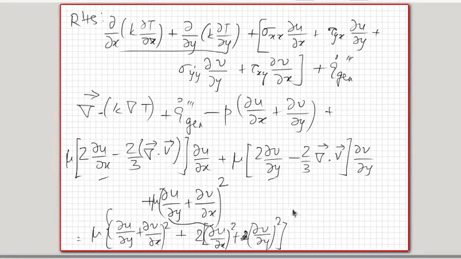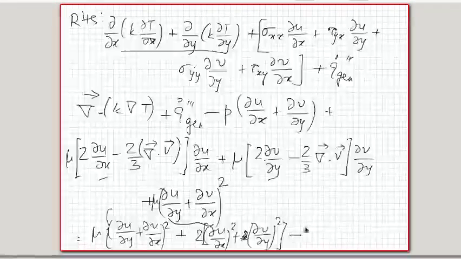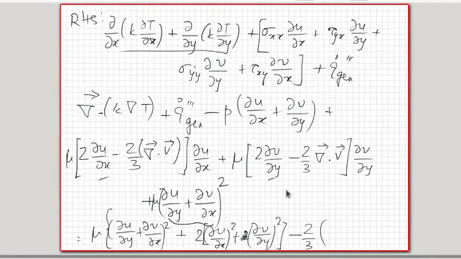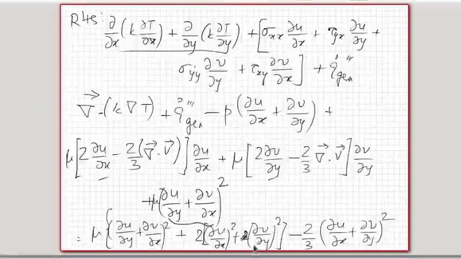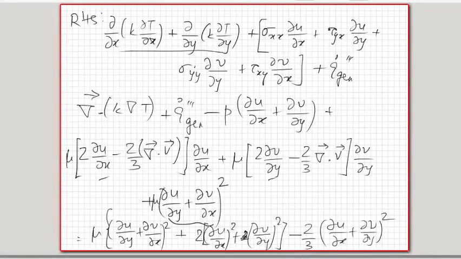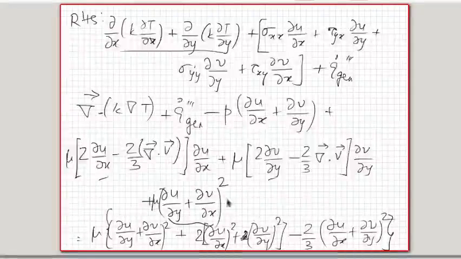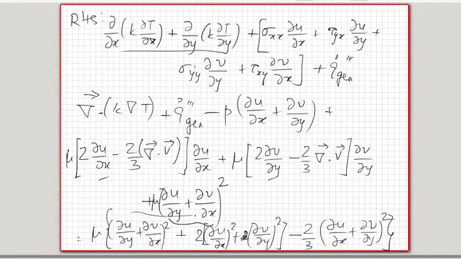Now what is remaining is del dot v. So minus 2 by 3 into what is del dot v? Del u by del x plus del v by del y, and that multiplied by del u by del x plus del v by del y, the whole square. Okay, so this term, the whole thing in the braces, we call it capital phi.